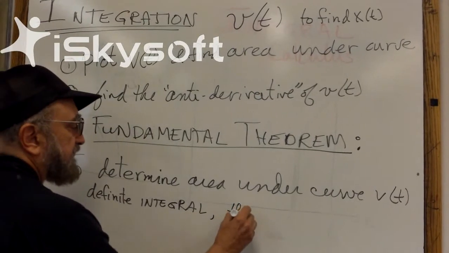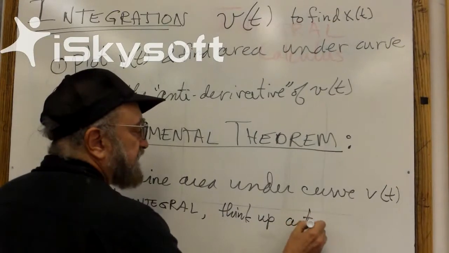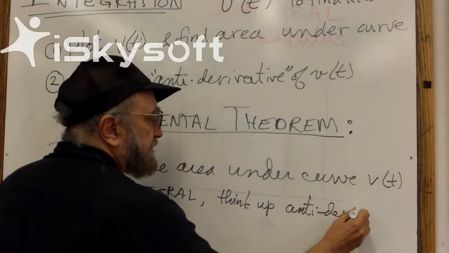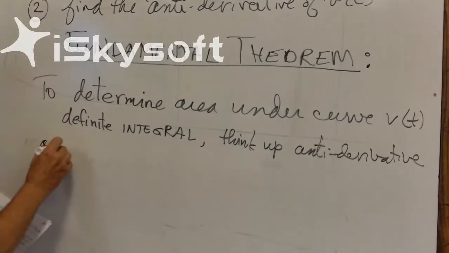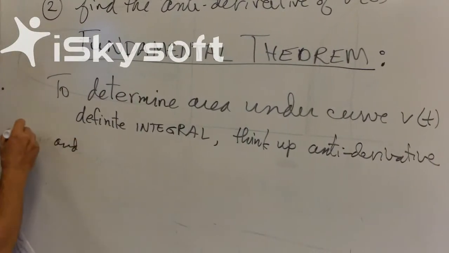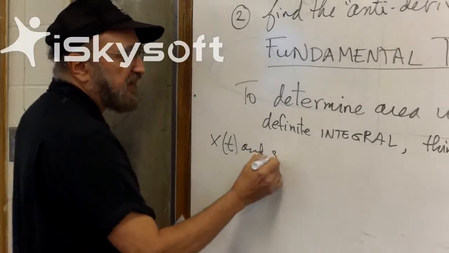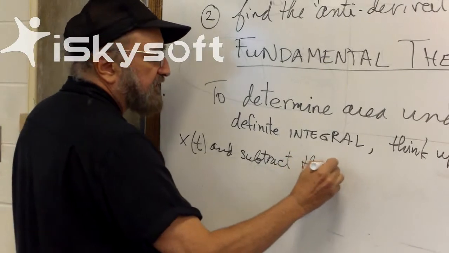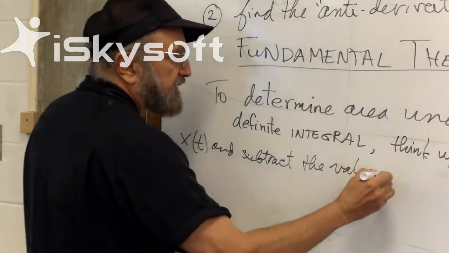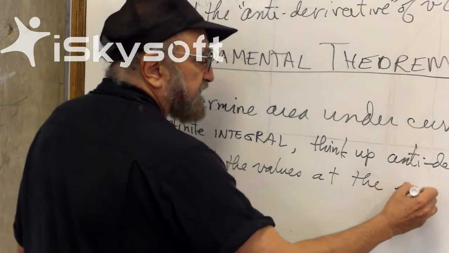Anyone will do. You can think up a function whose derivative is the curve. And subtract, in this case it would be x of t if that's v of t, and subtract the values of x of t at the endpoints.